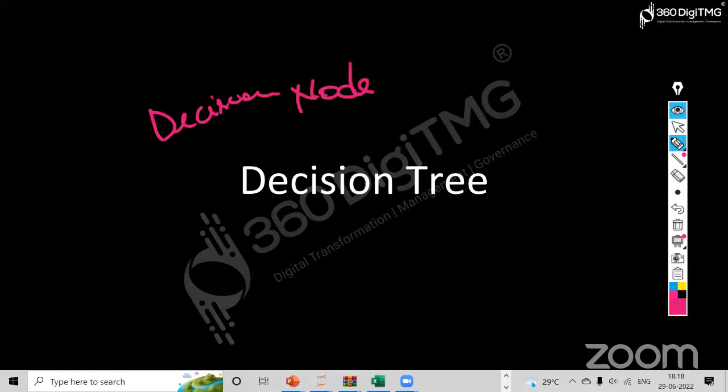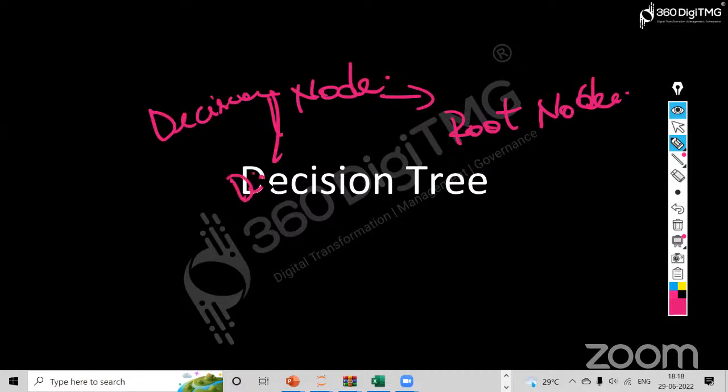And this decision node is also called the root node. And this is a decision node.